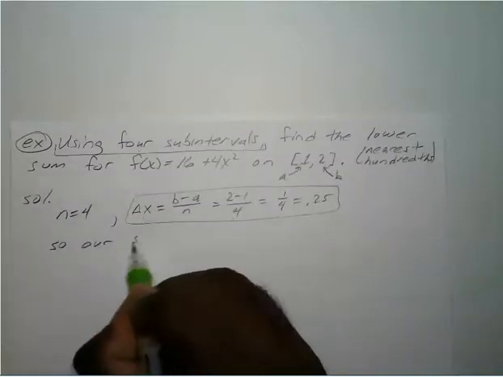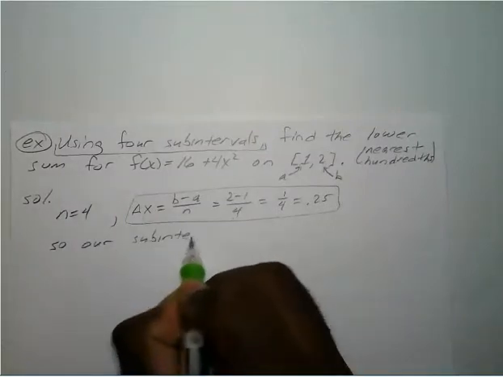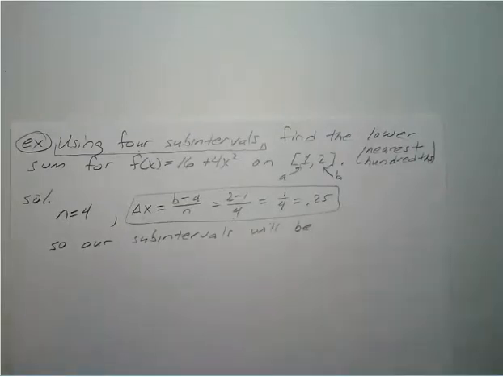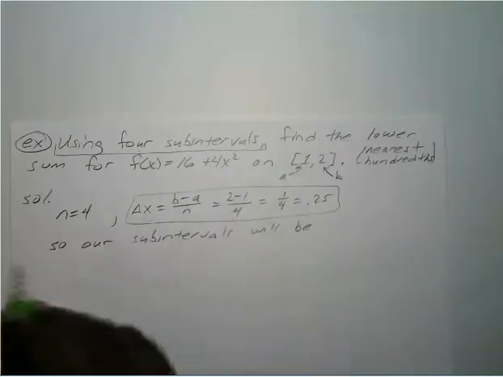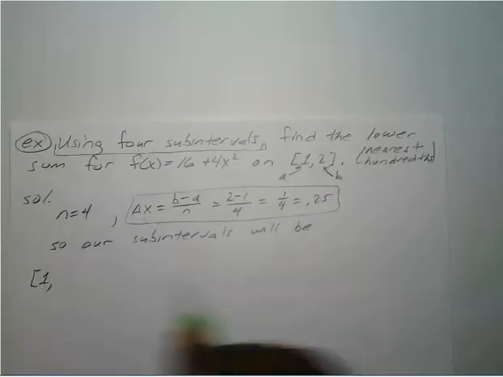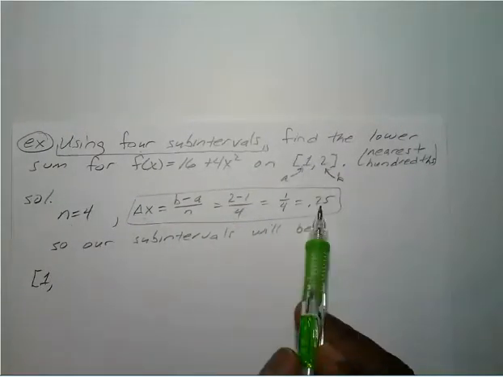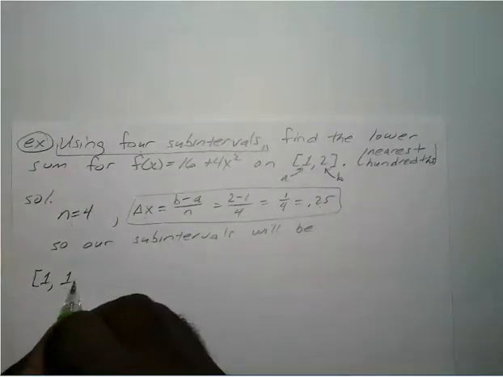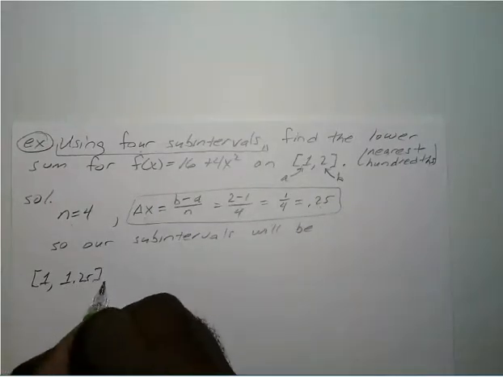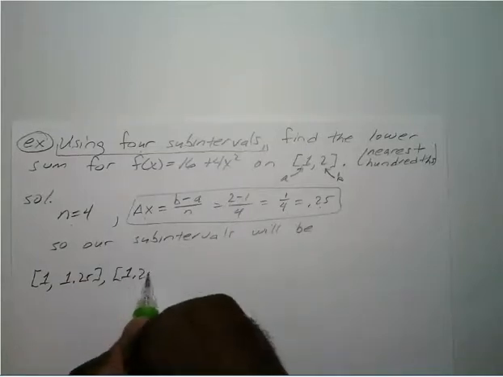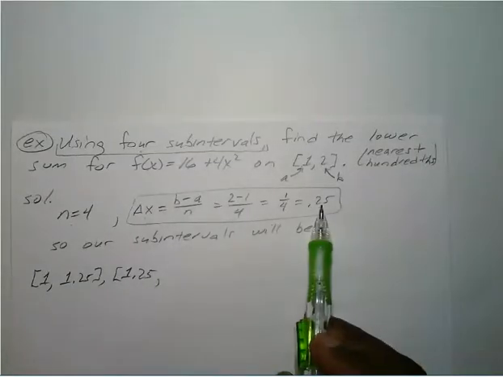So our subintervals will be, we're going to start at 1, and we're going to move up 0.25. So 1 plus 0.25 is 1.25. Now starting at 1.25, again, we're going to move up 0.25.